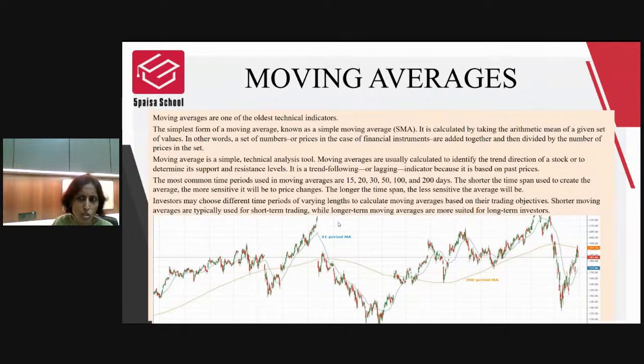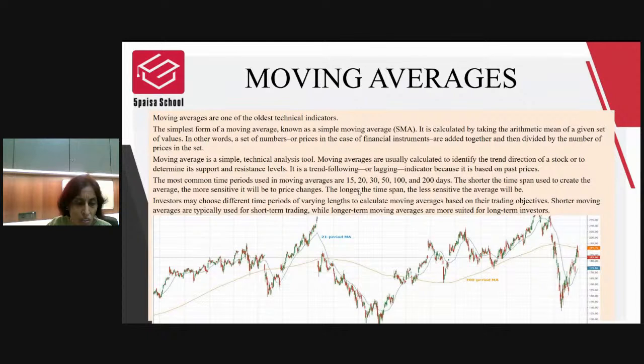Usually the shorter span is used by traders, whereas the longer span may be used by investors. The longer the time span, the less sensitive the average will be. This is very important in the case of moving averages.